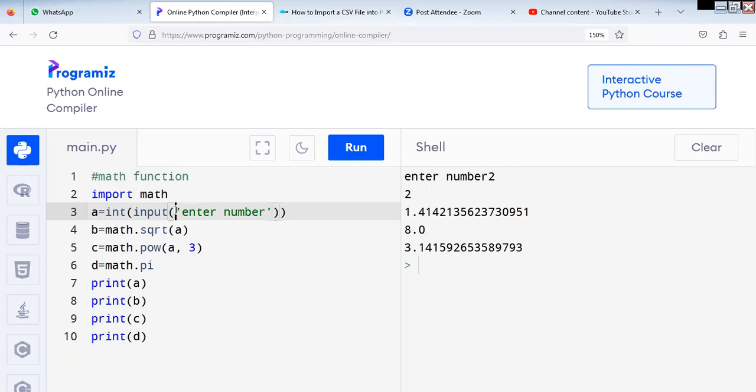So we'll take one more example on this sine cos theta to handle the angle. So this we will do.